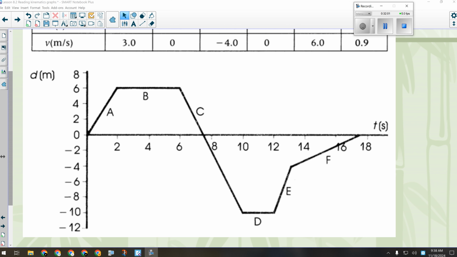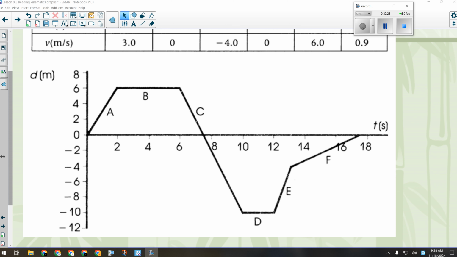That means the steeper the line, the faster it's going. So in this case, E is the faster section because the line is steeper. And steepness represents the rate at which you change your position, meters per second. Would that have a higher meter per second value than F?